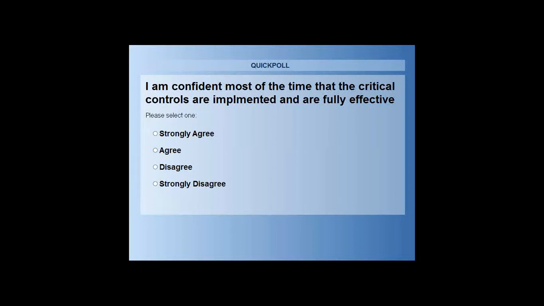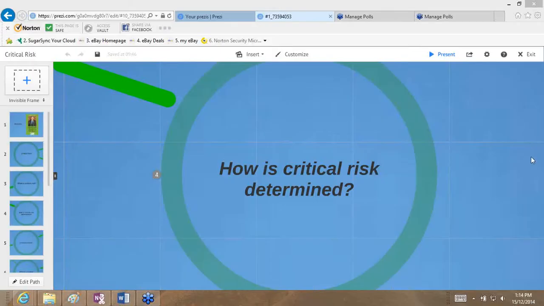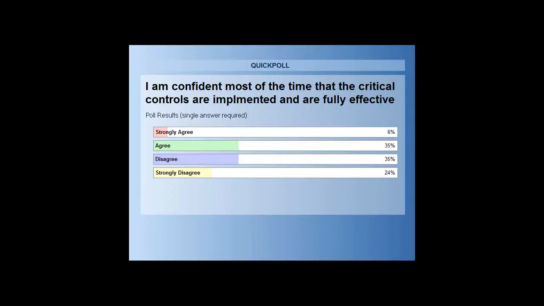Okay, and it seems that everyone's voted there, and I'll share those results as well. So you can see 6% strongly agreed with that, 35% agreed, 35% disagreed, and 24% strongly disagreed.